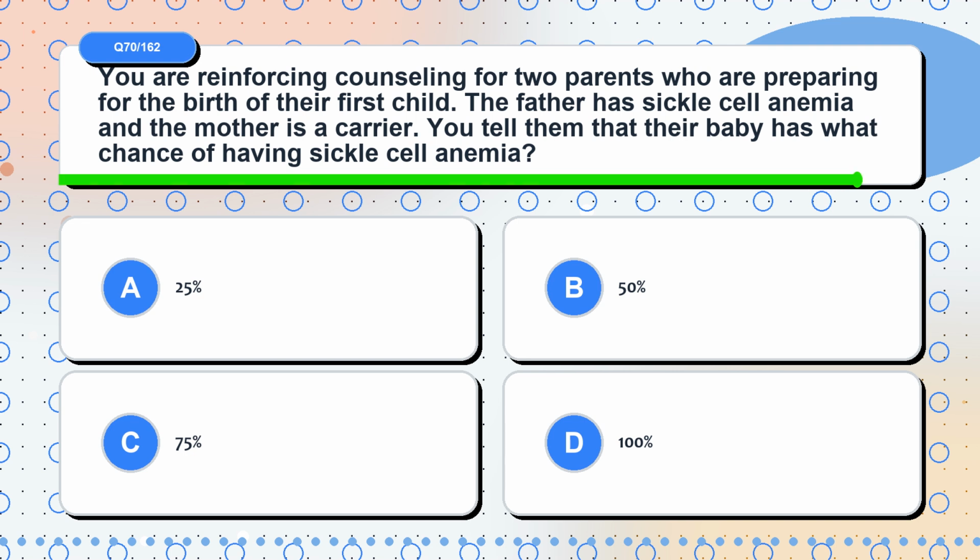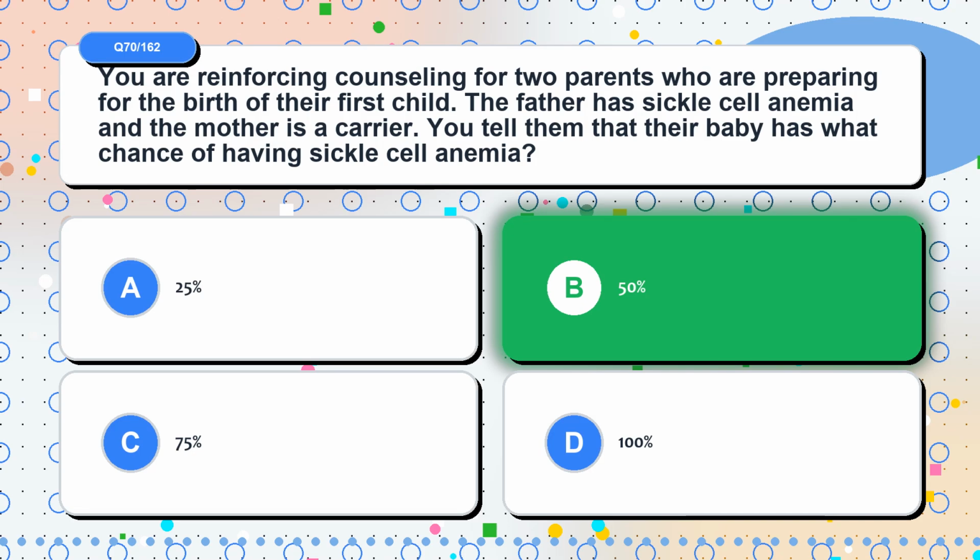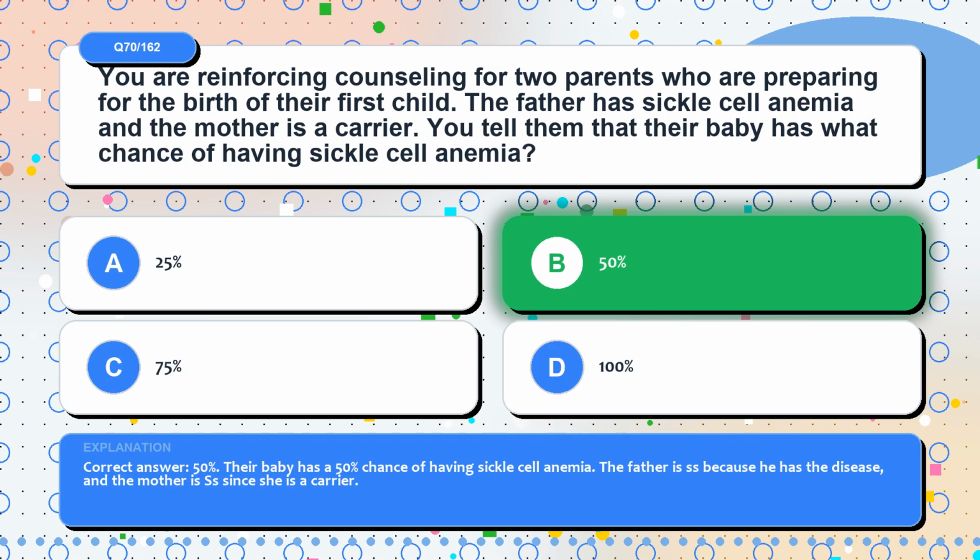Option D. 100%. The correct answer is option B. 50%. Their baby has a 50% chance of having sickle cell anemia. The father is SS because he has the disease, and the mother is AS since she is a carrier.